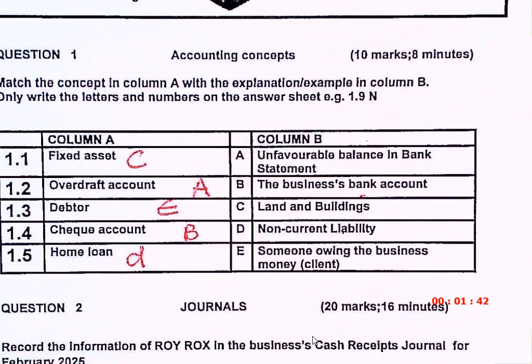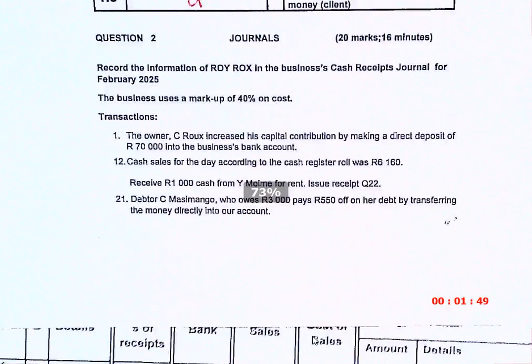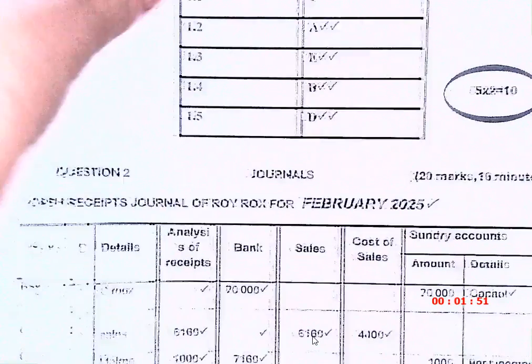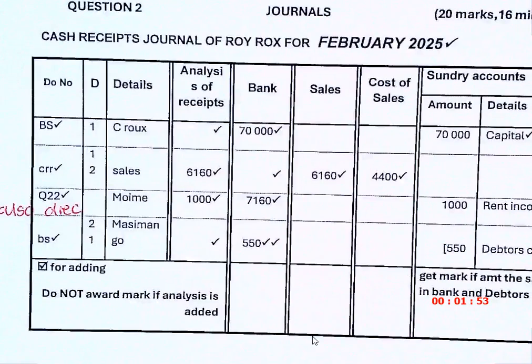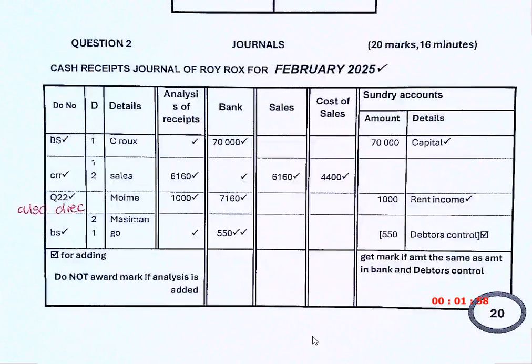If I look at the journals, the first journal they ask is the cash receipts journal. So I'm going to do it like this. I want to show you where you could have earned easy marks. I just want you to see that actually all of you can do very well.